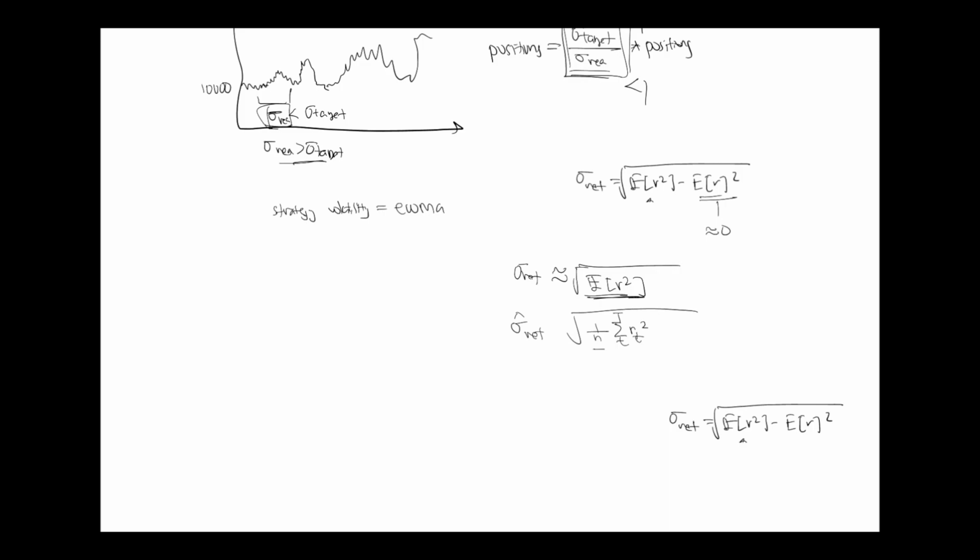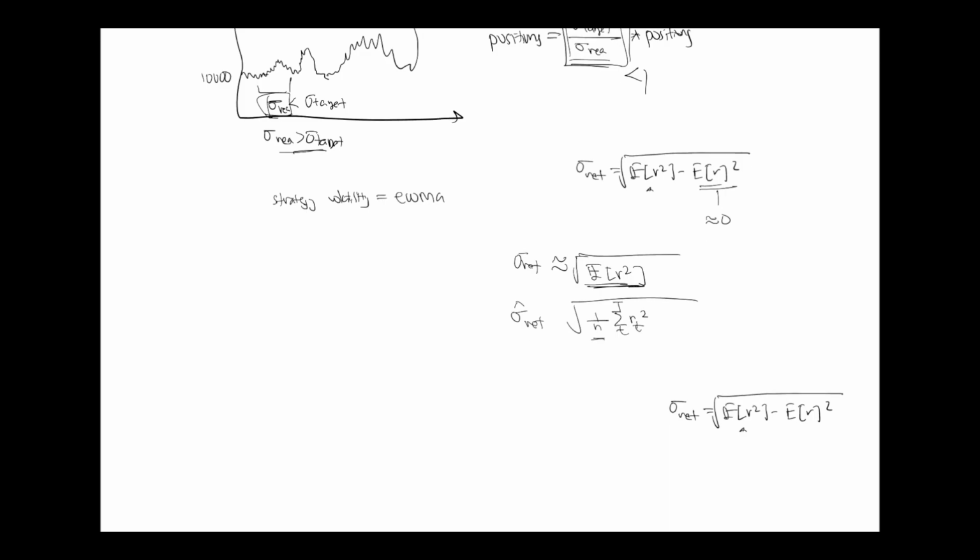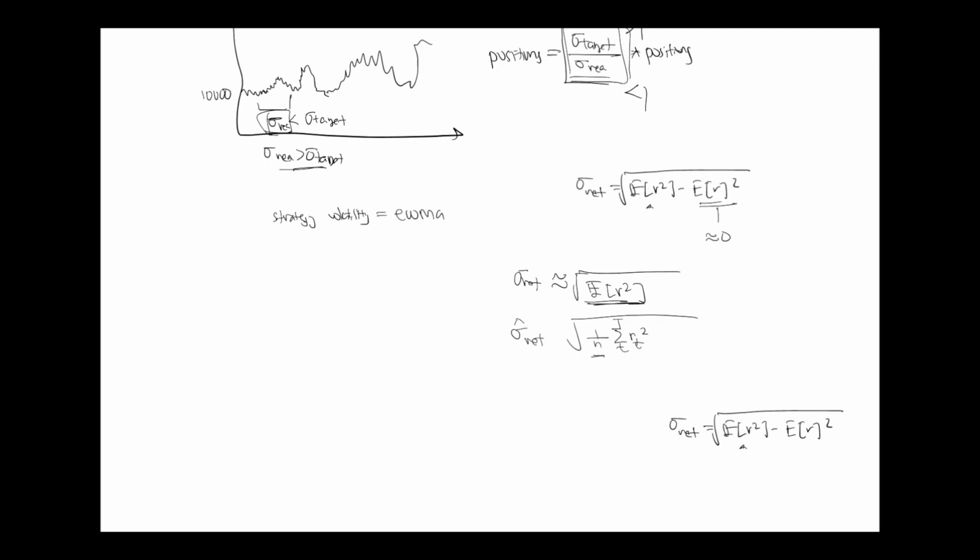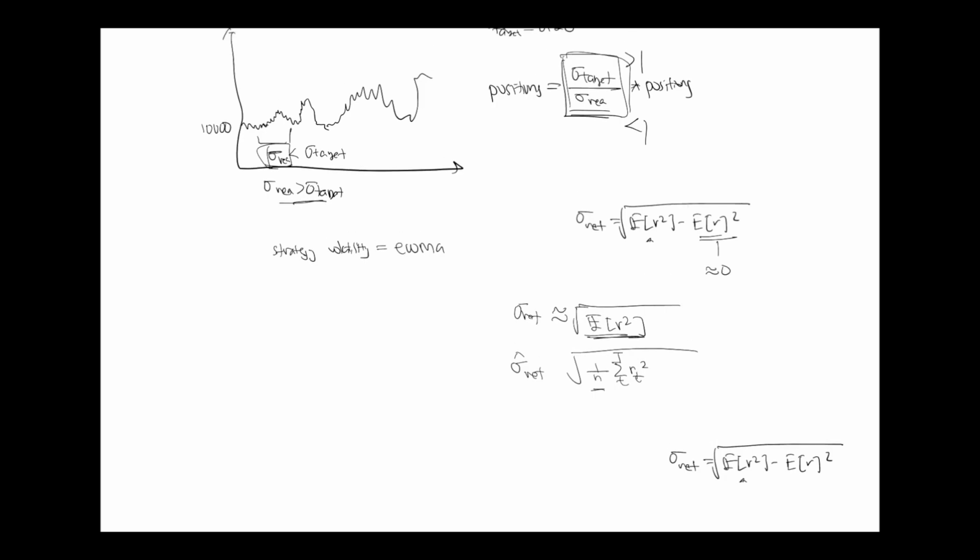But instead of doing 1 over n, we're going to do a weighted moving average. We will take 0.96 of the previous variance, at t minus 1, plus 0.04 of the return at t squared. We're going to update our variance statistic like this, and this will be our estimate of the variance of the strategy.